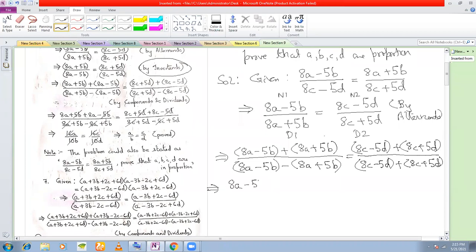Now we'll open the brackets on both sides. Sir, 8c minus 5d minus 8c plus, oh, this is 5d, no? Okay, this is a minus sign, right? Now we'll open the brackets.